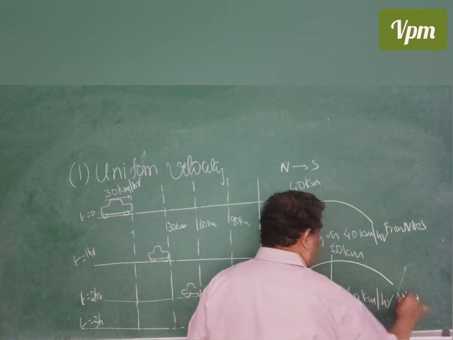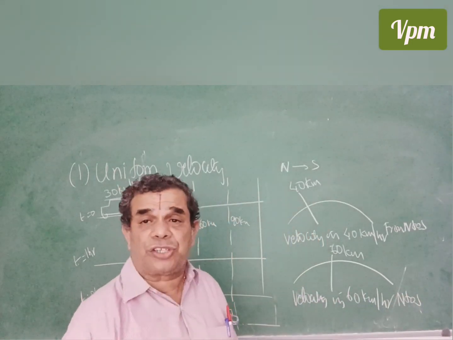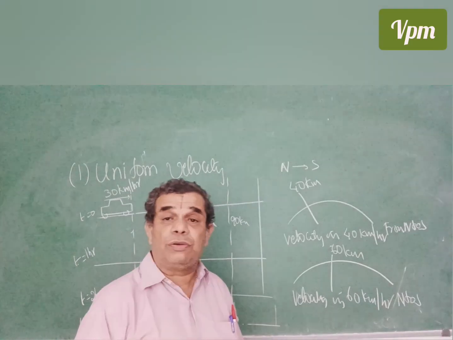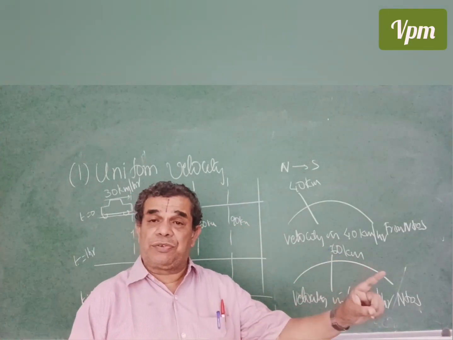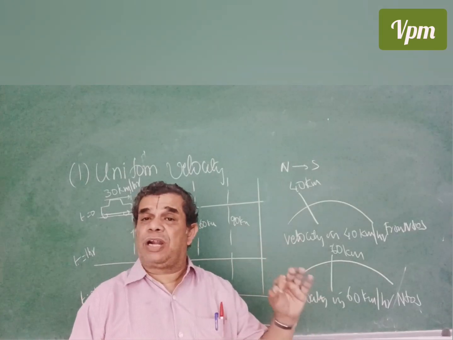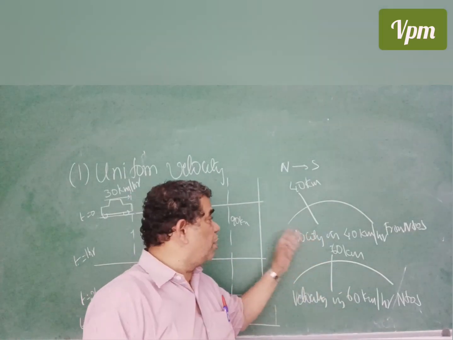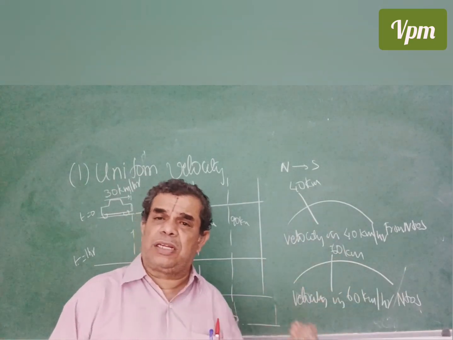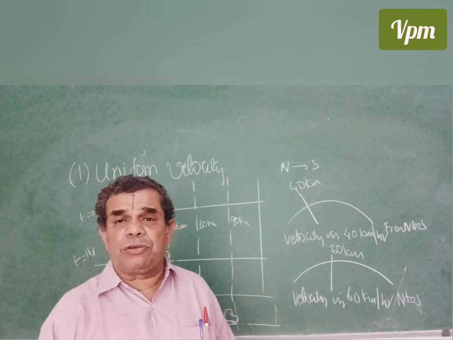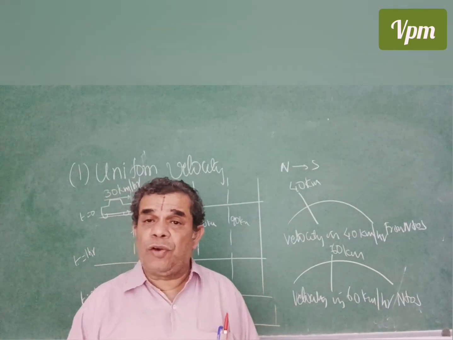It might also have changed direction, so that direction as well as magnitude are changing. These velocities are called instantaneous velocities. At that moment, nothing after and nothing before. That's what we call instantaneous velocity.